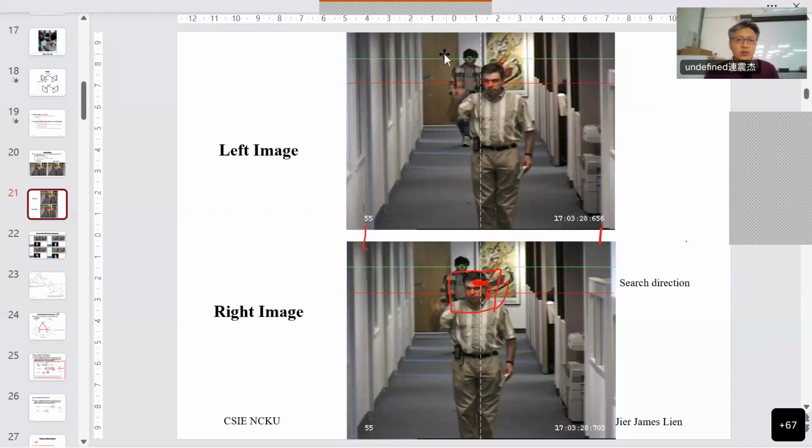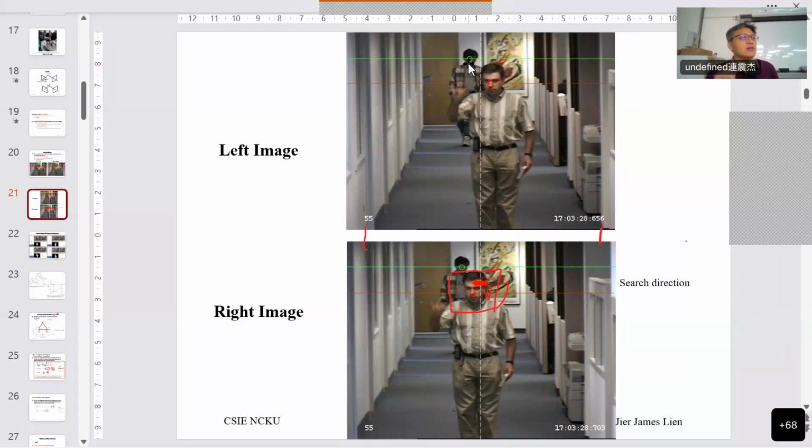Your search region, the search line, is actually a 1D search. Suppose it's 64 pixels. The search range we need to give you, 64 or 32, sometimes 50-something. We give it to you, and you just go pixel by pixel, do SAD, and find the minimum SAD, and that will be your corresponding point.